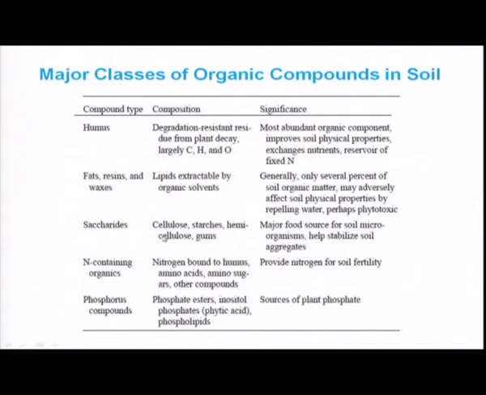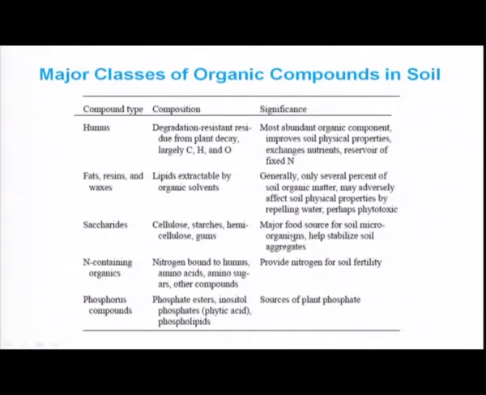Saccharides consist of cellulose, starch, hemicellulose and gums, and these saccharide materials serve as a major food material for soil microorganisms actually living in the soil. These saccharide materials are very easily degraded into food for these microorganisms.